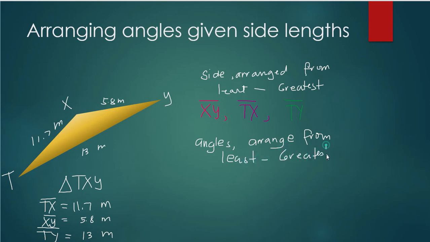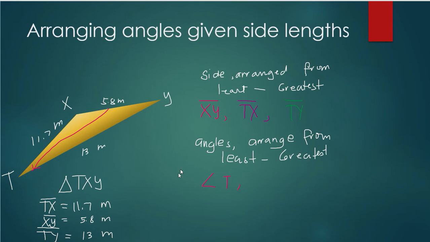So again, the lowest length side, opposite to that. Opposite to our XY is also the lowest value angle. Therefore, the first one that you need to write is angle T.